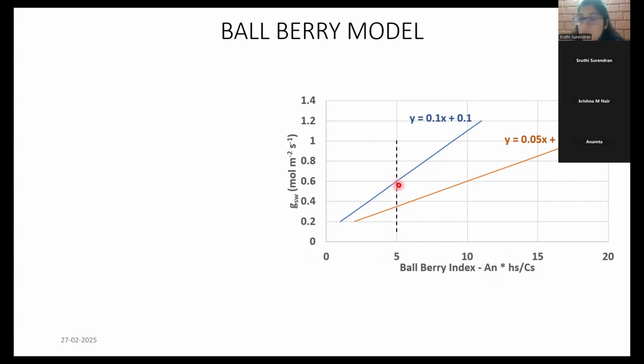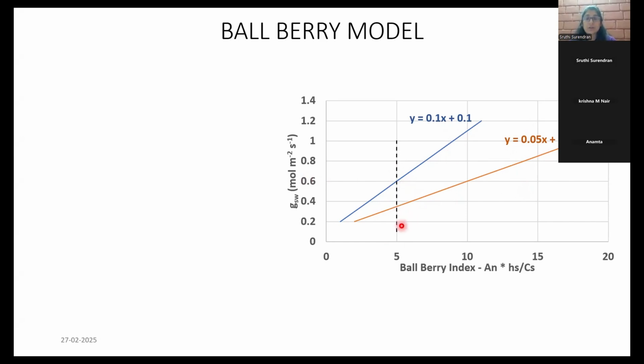The slope is higher for this line because as the slope becomes steeper, the stomatal conductance value increases, and as the slope reduces, the stomatal conductance value reduces. In this case, the brown line has a lesser slope value than the blue line, which indicates that for the same photosynthetic rate, the stomatal conductance is higher for the blue line than the brown line.